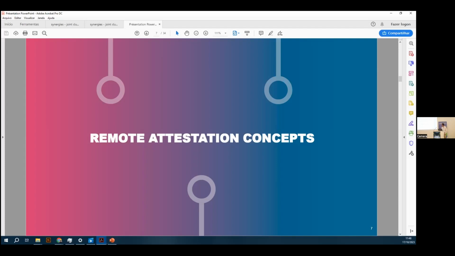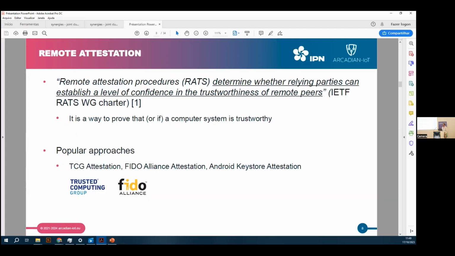So, moving on to other important concepts regarding remote attestation. Simplifying, there are two main stages. We have the evidence appraisal, where evidence is sent by the attester, analyzed by a verifier entity, and appraised according to its policies. These policies can differ significantly.